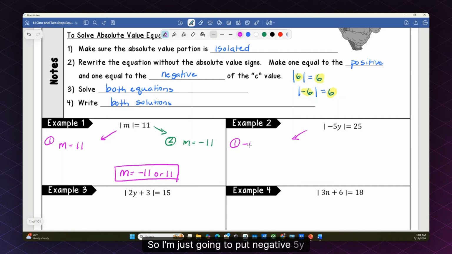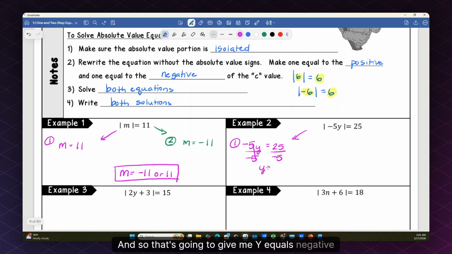I'm just going to put negative 5y equals 25. And this is just an easy one-step equation. We're going to divide by negative 5 and divide by negative 5. And so that's going to give me y equals negative 5. So that's one way that would give us this answer. Let's figure out the other part.